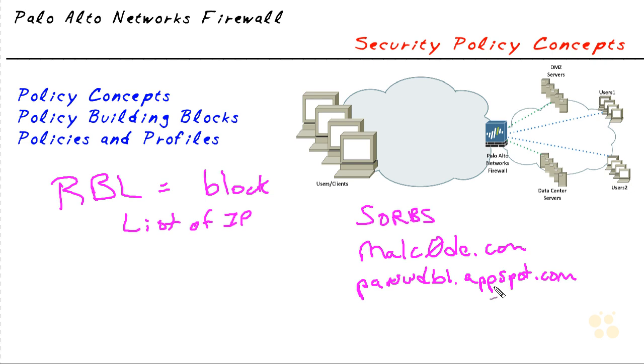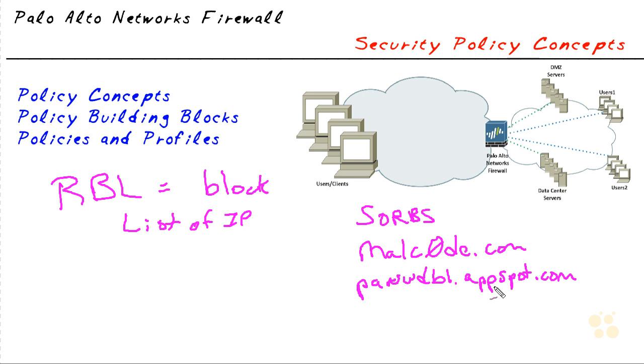But these dynamic block lists allow me to put this into my policy where the firewall can go out and pull this for where spammers are, or where malicious code comes from, or whatever bad things that you're trying to filter happen to be. And somebody else maintains these lists for you. So it'll make your life a lot easier. Just one of the options that we have to play with in there.